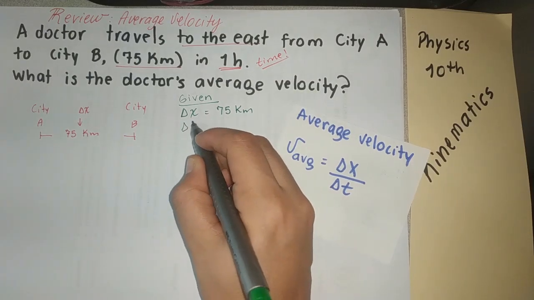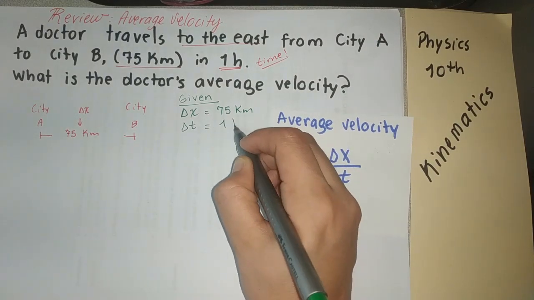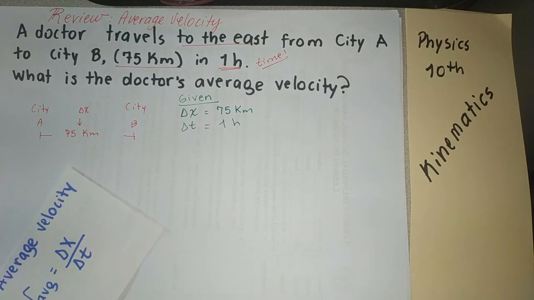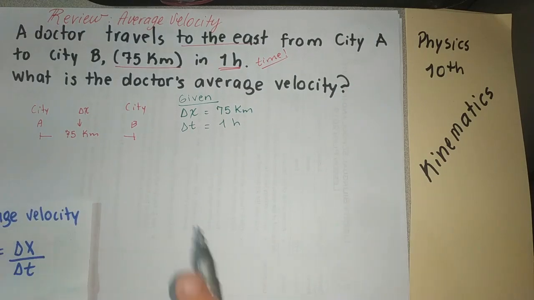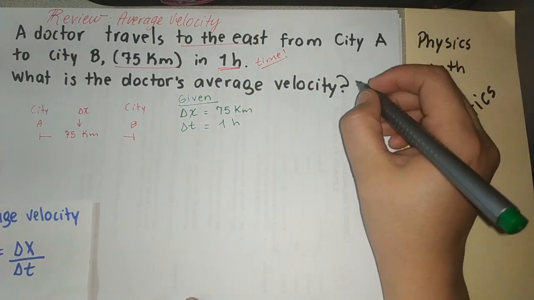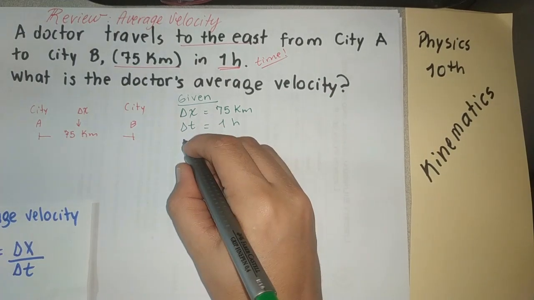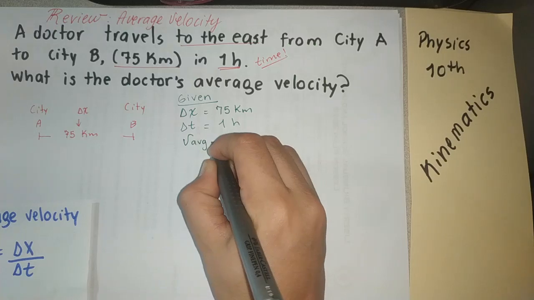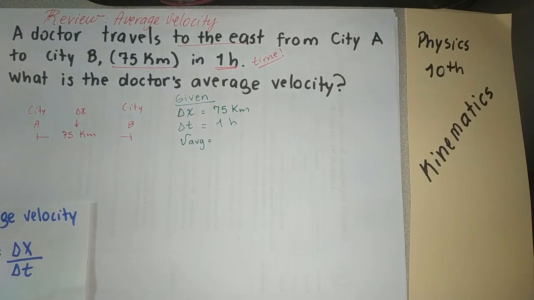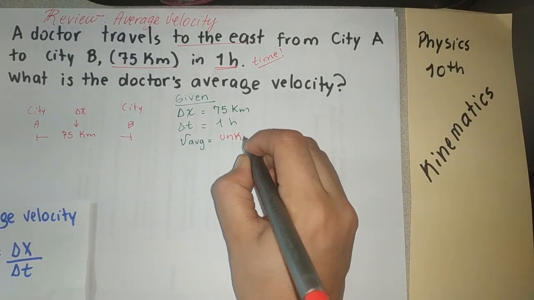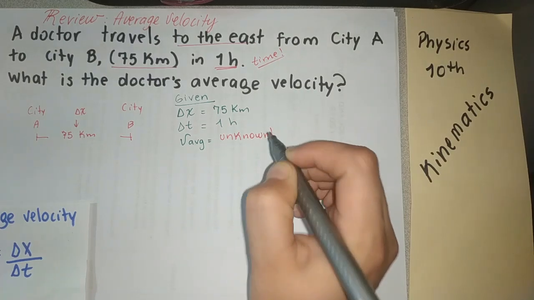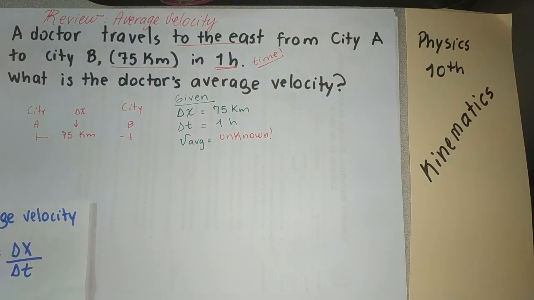So we say delta t, or time, is 1 hour. Now, what is the doctor's average velocity? This is the unknown. So we say average velocity, v avg, equals unknown. We don't know, we're going to find out.